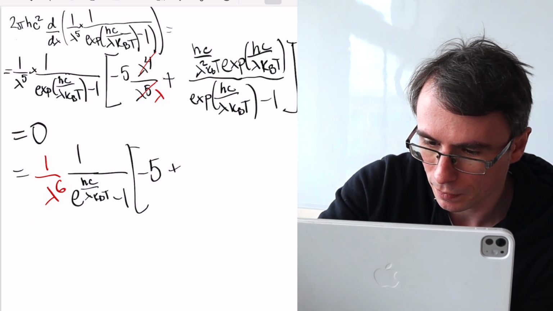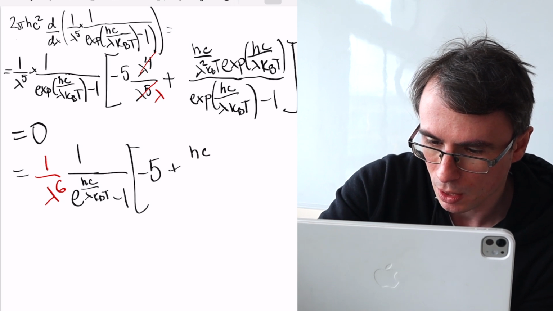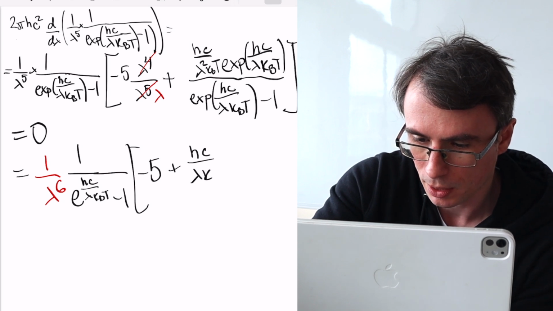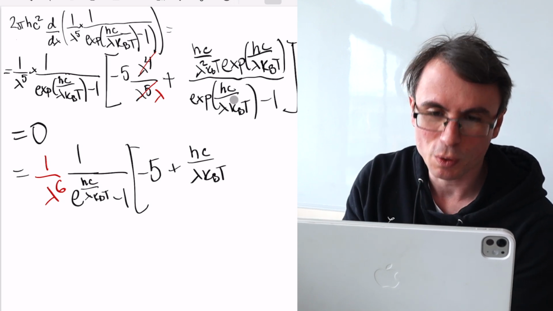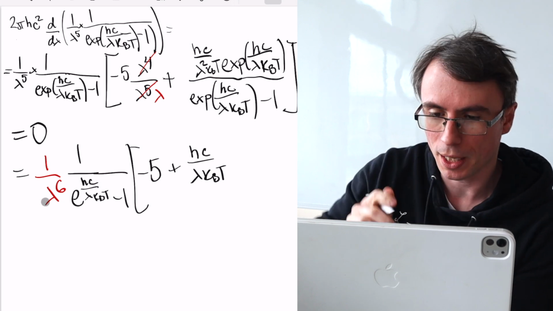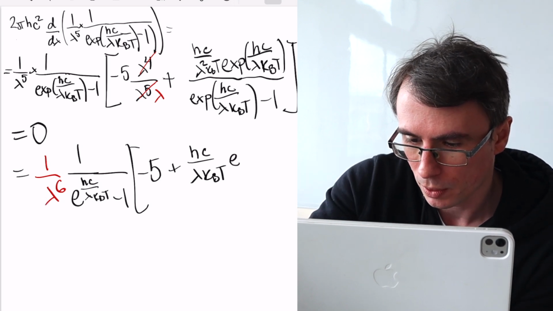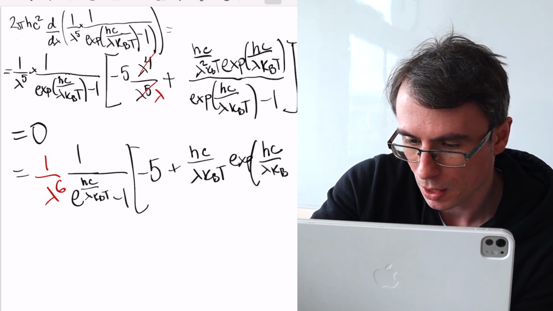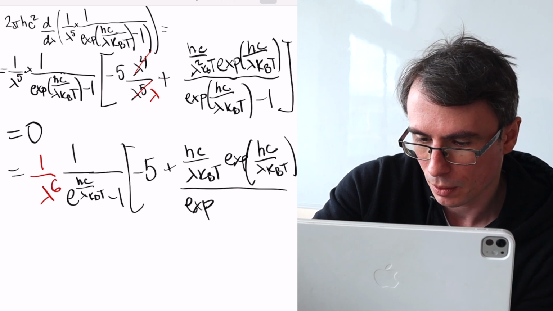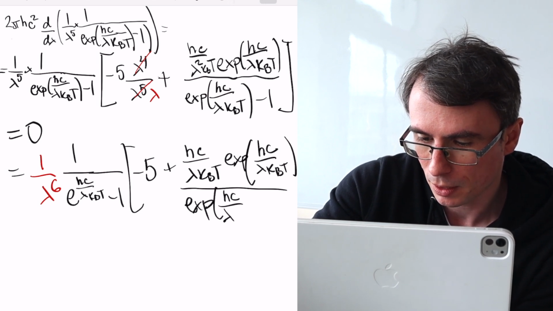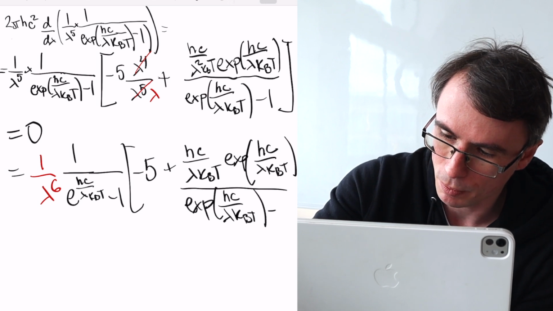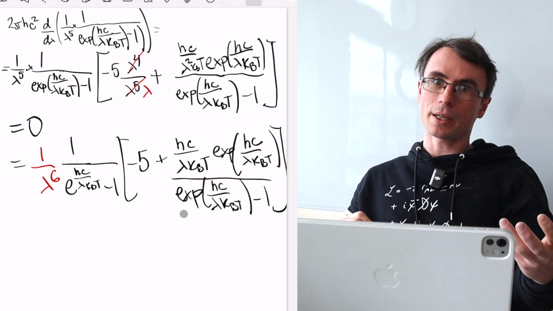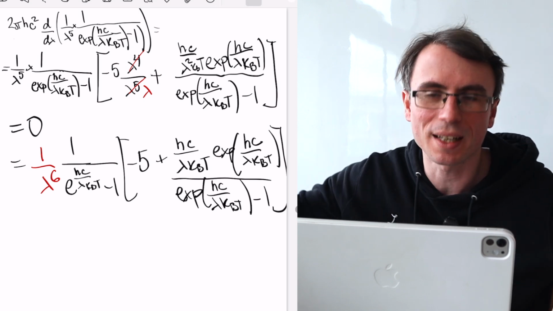So what we're going to be left with is hc over lambda kbt. No longer lambda squared because we've taken a factor of 1 over lambda out. The exponent of this, hc over lambda kbt, divided by the exponent of hc over lambda kbt, take away 1. And when we set this equal to 0, this is going to correspond to the maximum wavelength, so we can essentially call these lambda maxes.